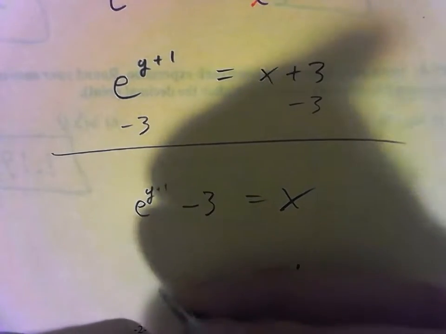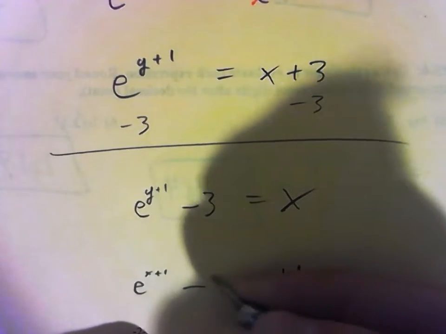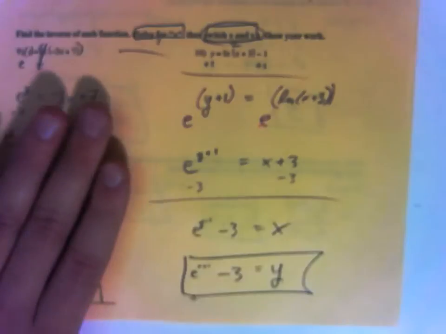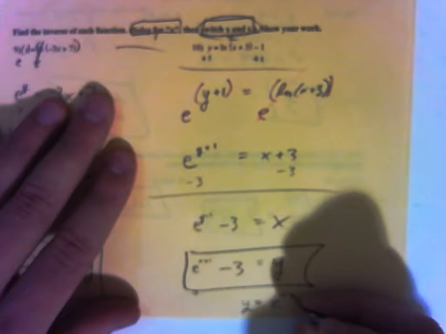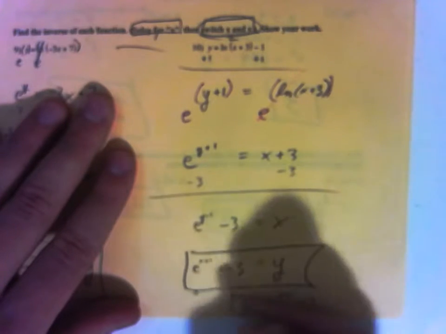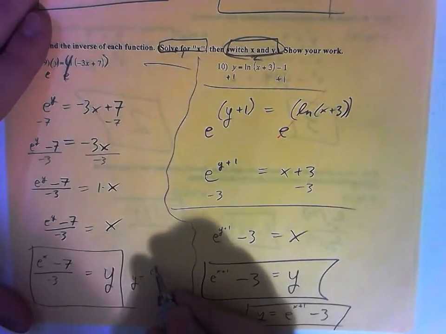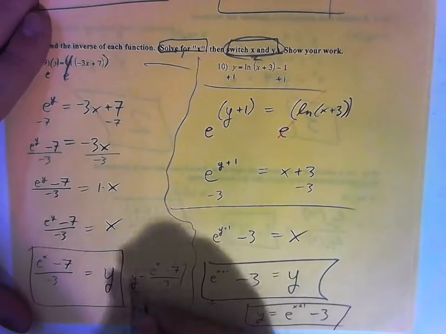So the x becomes y, the y becomes x. There we go. If you want to write it as y equals e to the x plus 1 minus 3, that's great. Same thing over here, or you could say y equals e to the x minus 7 over negative 3.